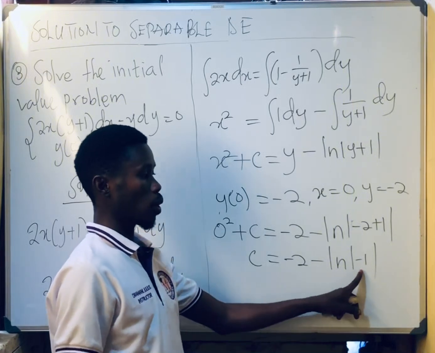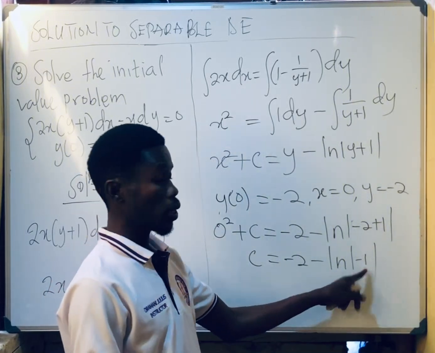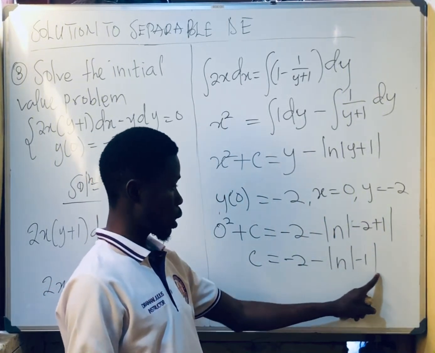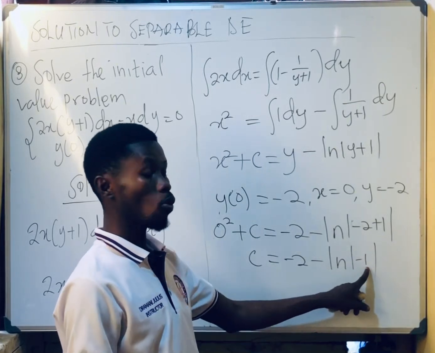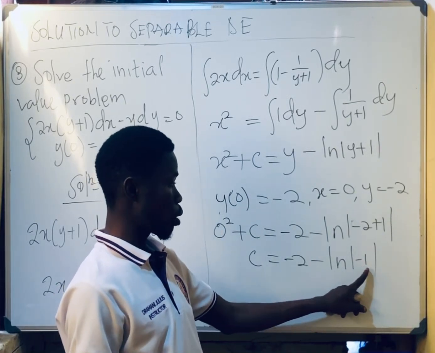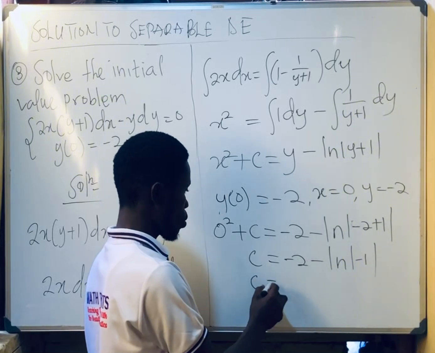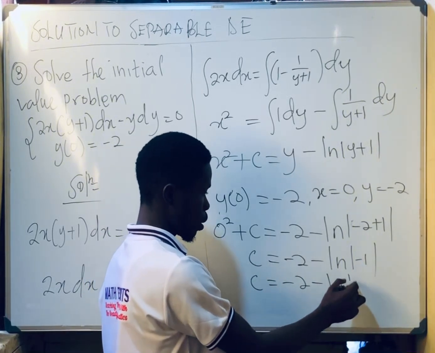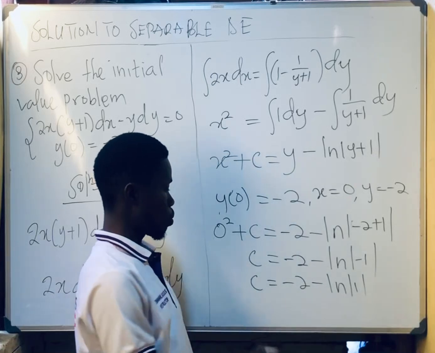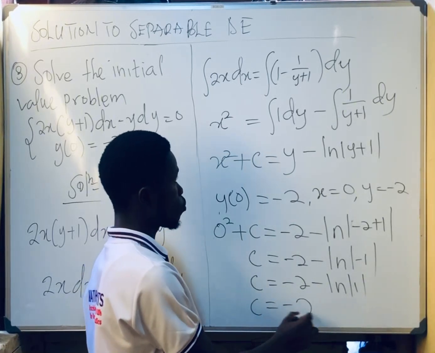In fact, you don't have logarithm of -1, but because of this absolute value, and the absolute value of every negative is positive, so it will tend to ln 1. So that gives you c equals -2 minus ln 1. And ln 1 is always 0, which means that our c is equal to -2.